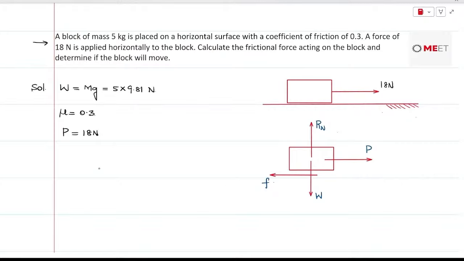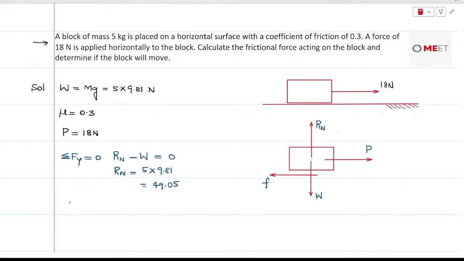So now if we estimate the friction force, we begin with equilibrium of forces in the y direction, that is Rn minus W is equal to 0. So Rn is equal to 5 into 9.81, which is 49.05.